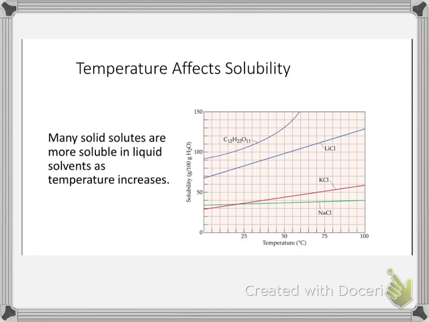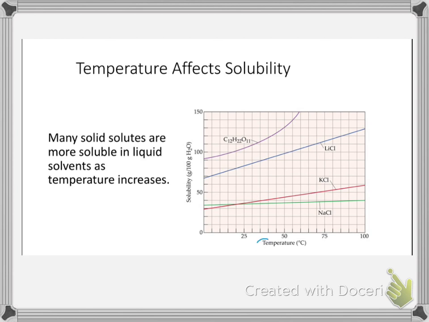Well, let's investigate a little bit more about the idea of temperature impacting our solubility. So here's another graph, and there are 4 lines on it. I see one for sodium chloride, potassium chloride, lithium chloride, and that looks like sucrose on the top, the purple one. As we compare what this chart's looking at, let's look at our axes, because when you get charts, you have to investigate what they're telling you.